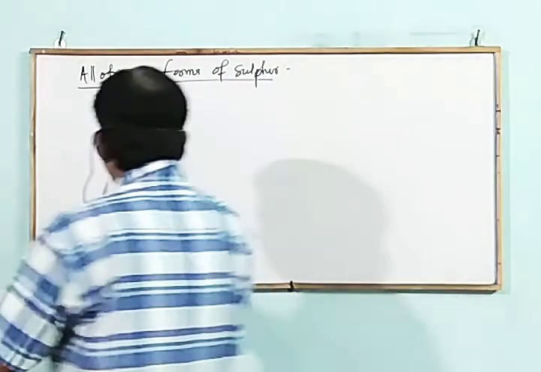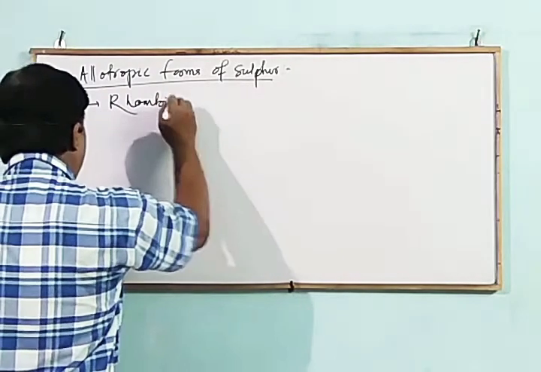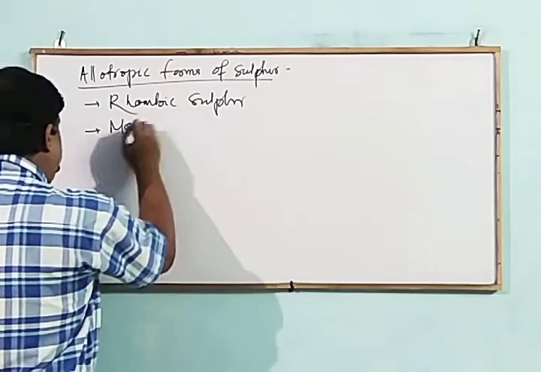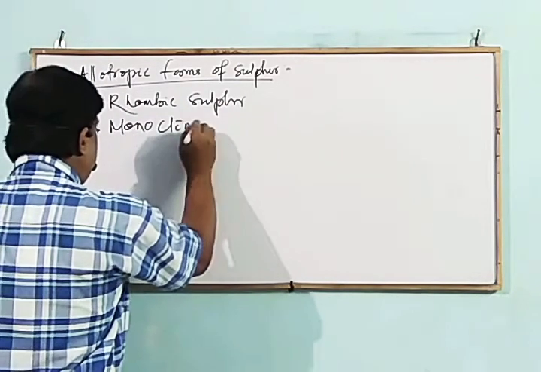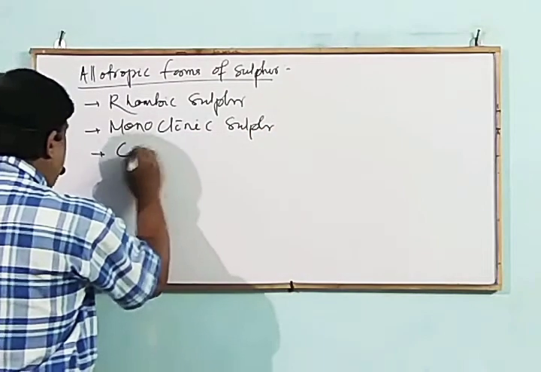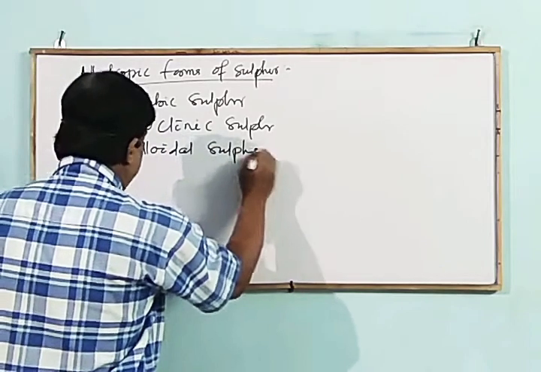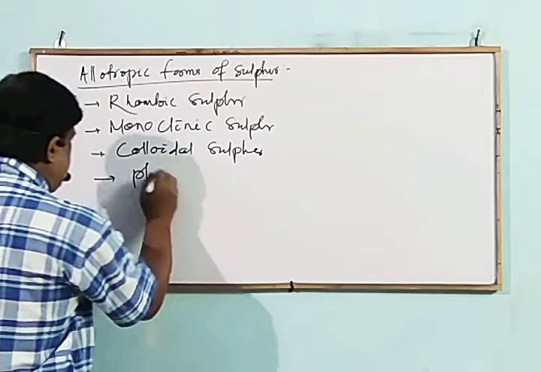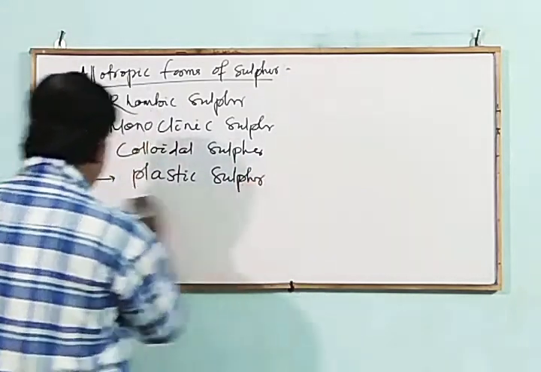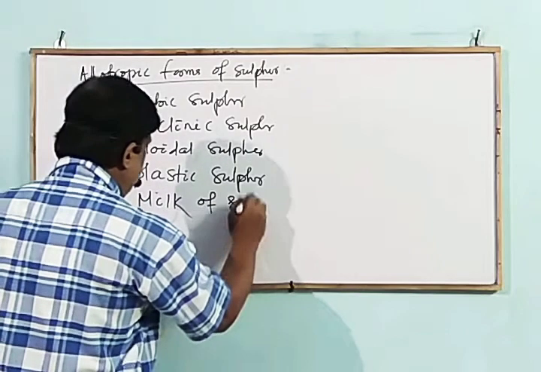These are the allotropic forms of sulfur.